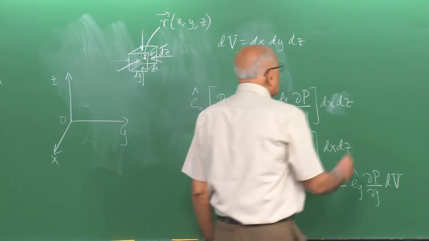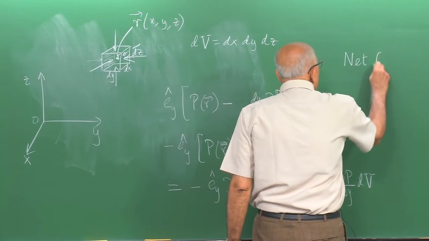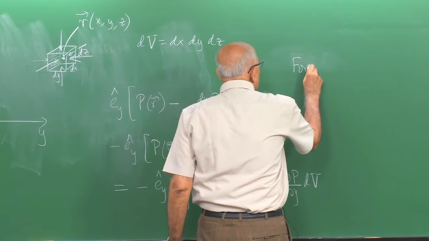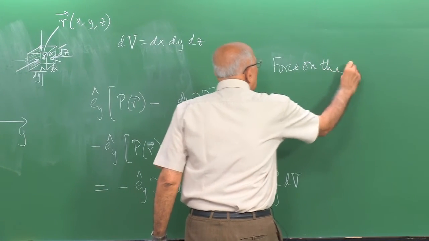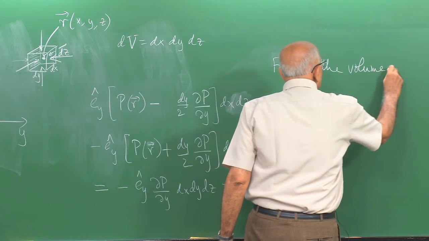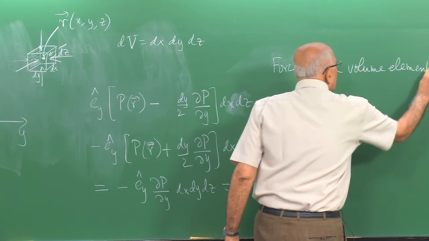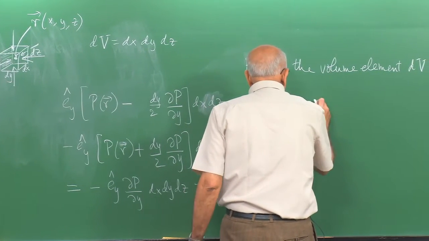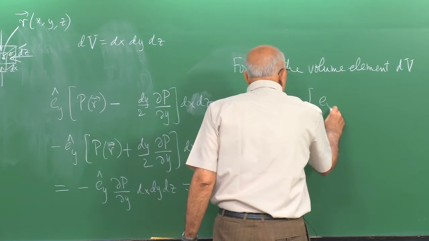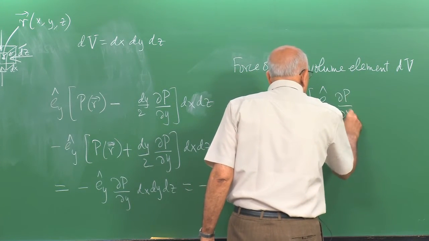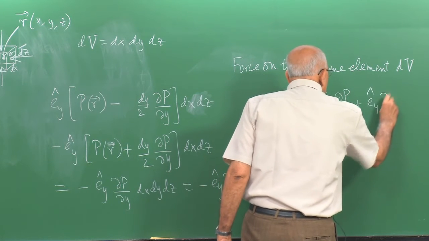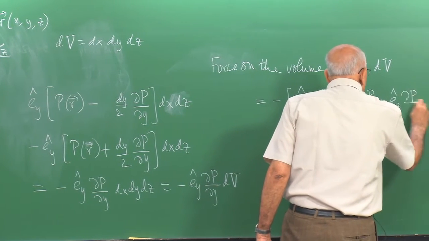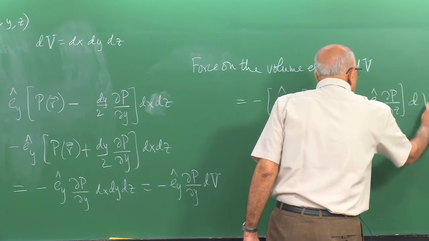Therefore, the force on the volume element dV is given by a sum of all these three quantities: minus Ex delta p over delta x plus Ey delta p over delta y plus Ez delta p over delta z, times dV.